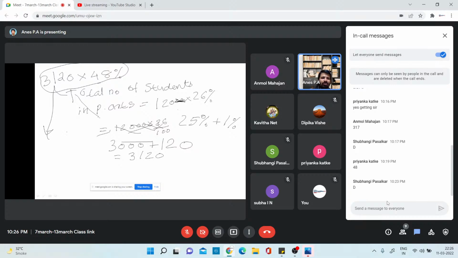We can find the 50 percentage of 3120, which is half of 3120, that is 1560. To find the 48 percentage we need to minus 2 percentage too. We find the 1%, that is 120, so 2 percentage is 240.